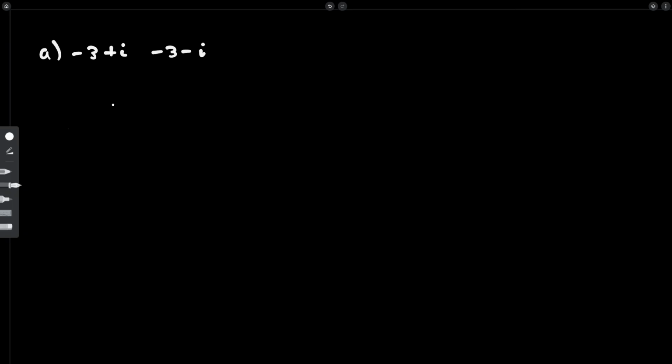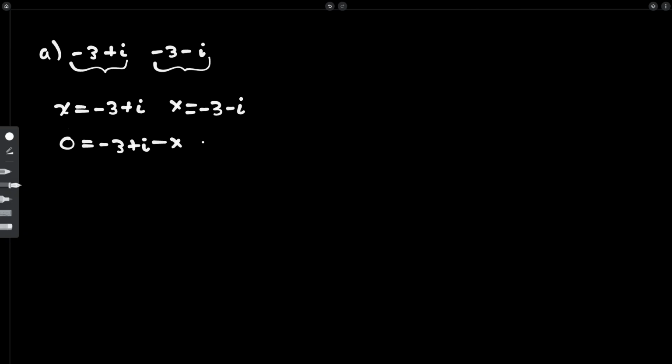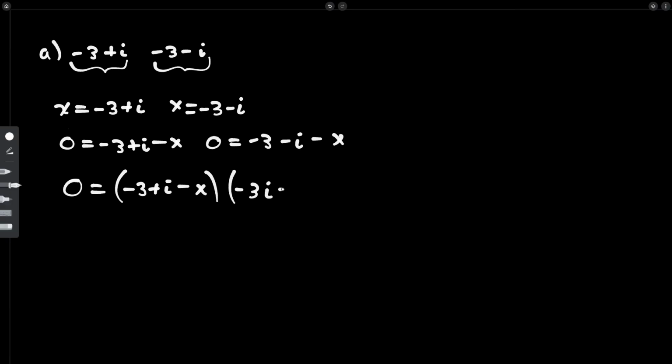So here we can actually, because these are the roots, these are the solutions that our problem has, rewrite this with x equals -3 minus i, and you would be tempted to write something like this, where you move this x to both sides for each of these, set them equal to 0, and then set this whole thing equal to 0, and multiply this out.